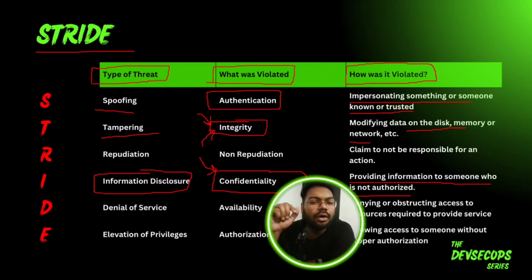So let's say you ordered one book from Amazon. Now in the database, it was first what you ordered, you ordered one book. But someone went into the website and changed it to 10 books. Okay, now what will happen? The integrity of data has been changed, and now you will be billed for these 10 different books.